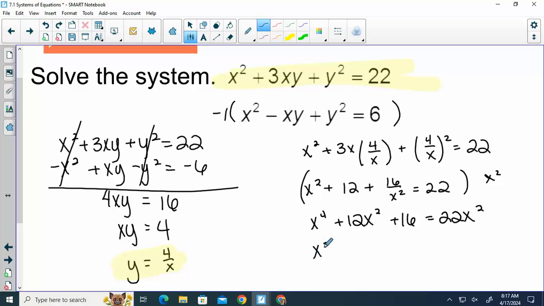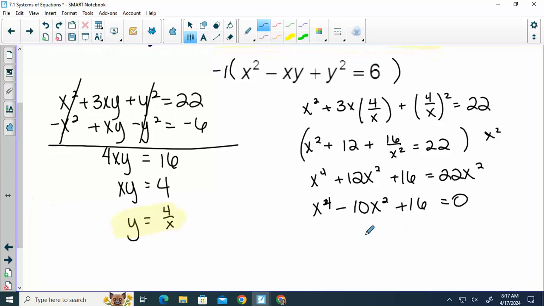And if we set it equal to 0, okay. Negative 2x squared minus 8, and x squared minus 2.